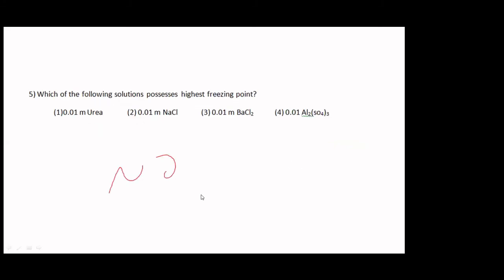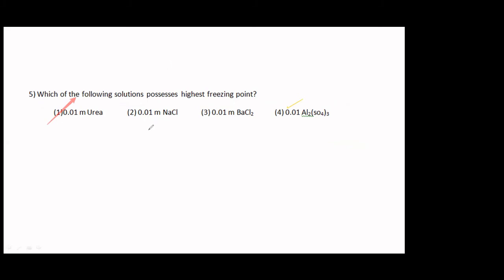Any doubt? Take up the next one. Which of the following solutions possesses the highest freezing point? Option 1, ma'am. Option 1, that's correct, because in all the other cases dissociation happens and more ions will be formed.